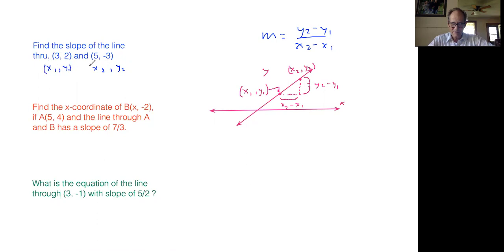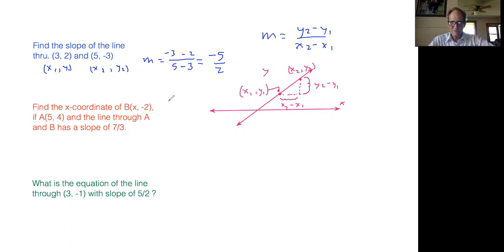So simply apply the tool. M equals negative 3 minus 2 over 5 minus 3. You see, y2 minus y1 over x2 minus x1. And I get the slope negative 5 over 2. Now that was an easy application of that problem.